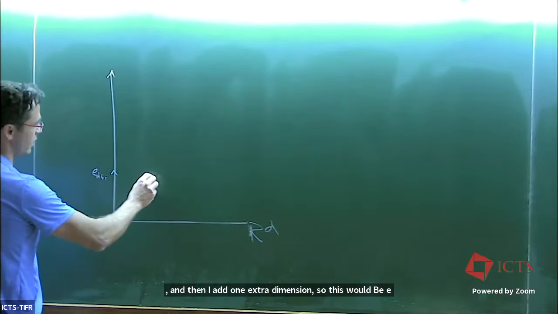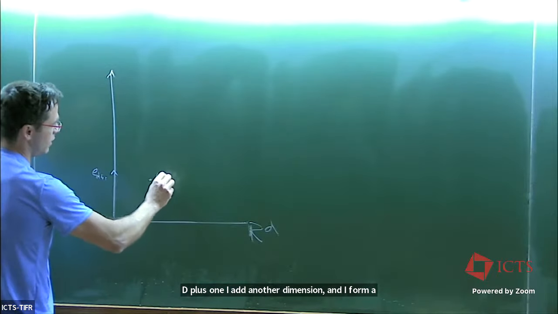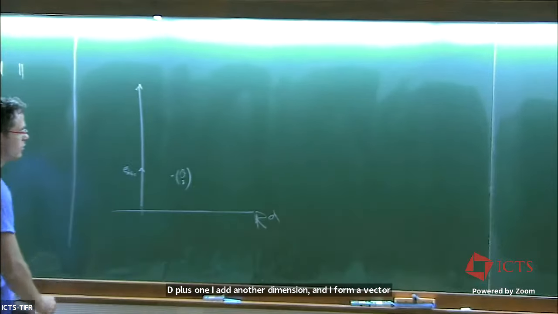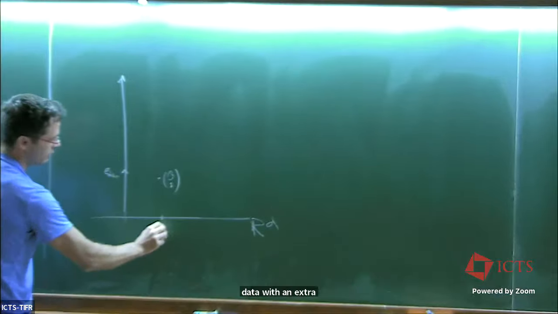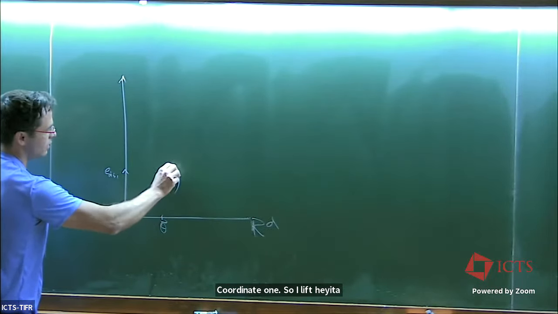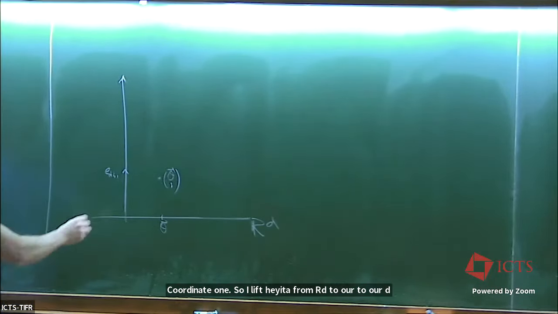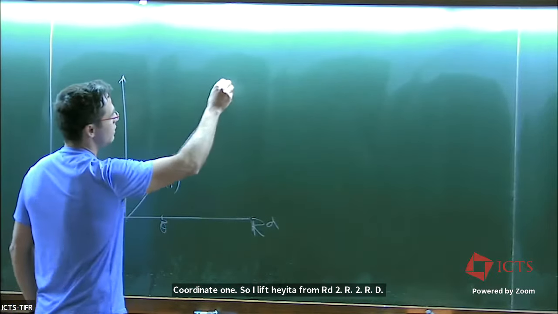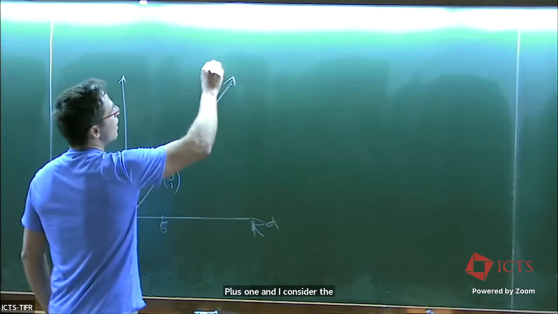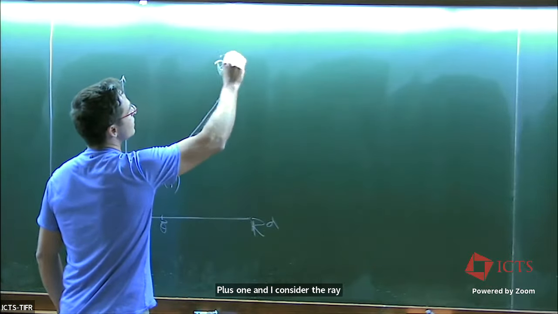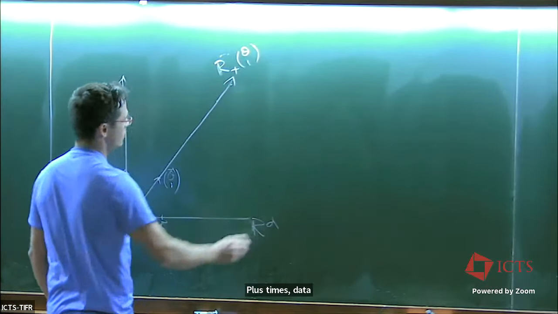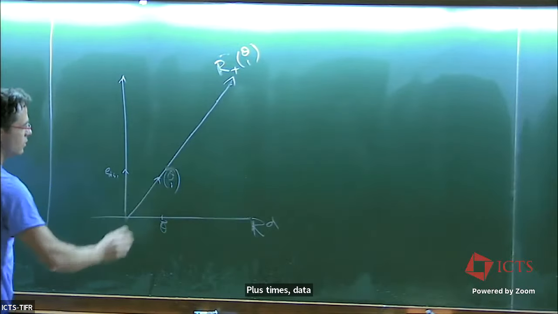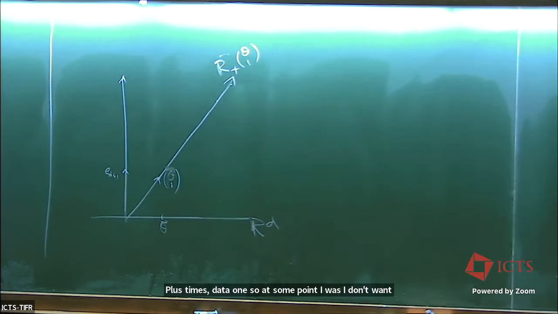I form a vector theta with an extra coordinate 1, so I lift theta from R^d to R^(d+1). And I consider the ray R_+ times (theta, 1).